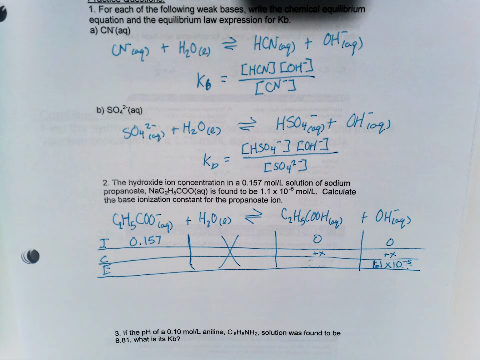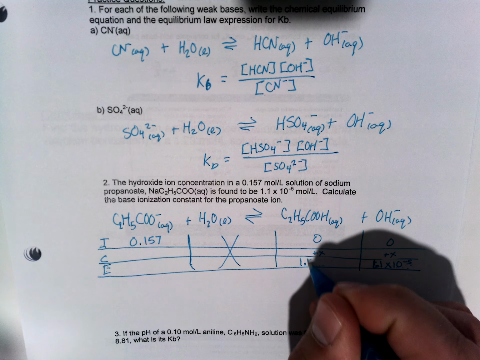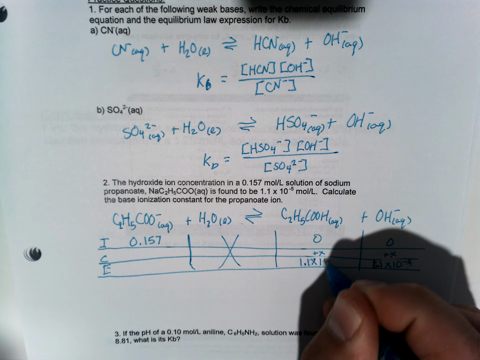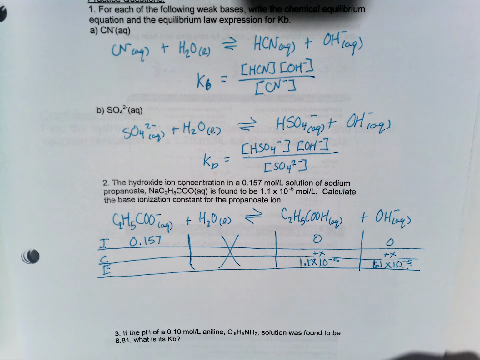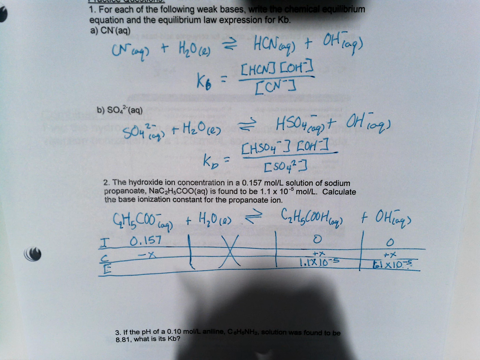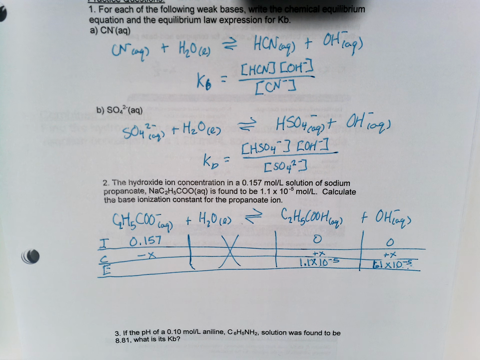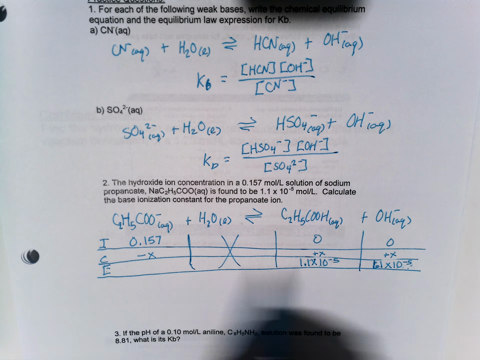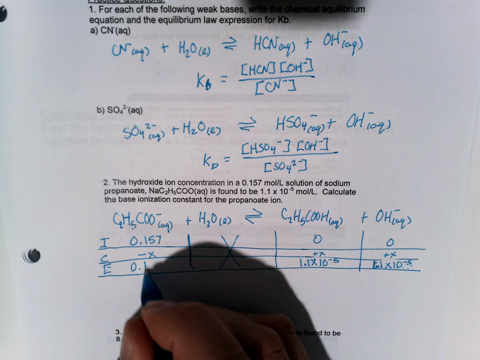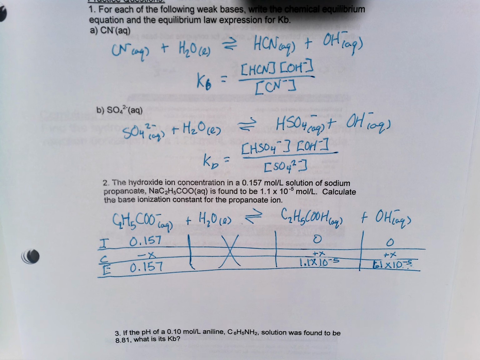This is for our hydroxide. So then this would also be 1.1 times 10 to the minus 5. Okay, this will be minus x. So we just now calculate. Okay, and this number, when we go minus x, is so small that this stays 0.157.